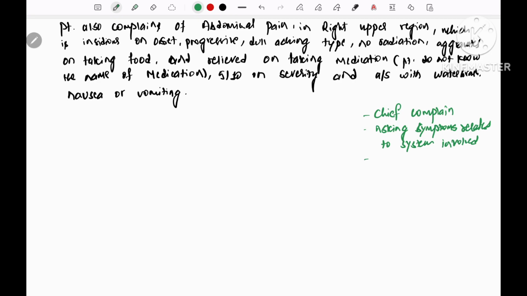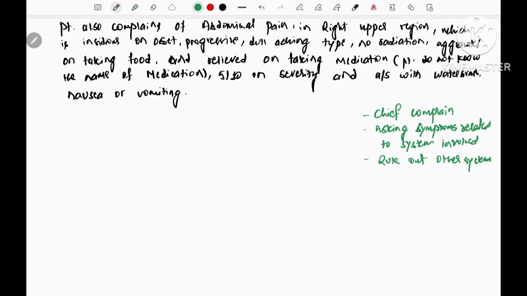Then I rule out other systems. Like if the abdominal system is involved, there can be association of the respiratory system, GI system, cardio system, urinary system. So in the third step I rule out other systems.